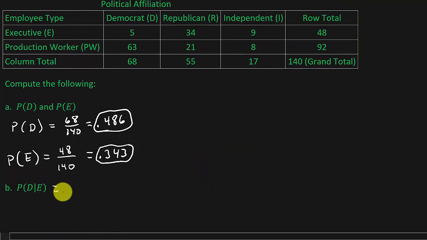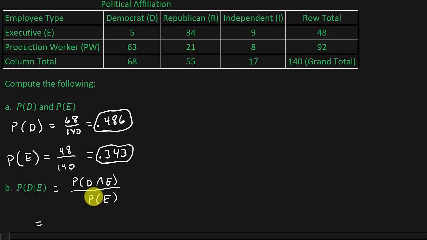All right, so this is going to be the probability of D and E over the probability of E. And so what does this equal? Well, what's the probability of D and E? That means the probability they're a Democrat and an executive.